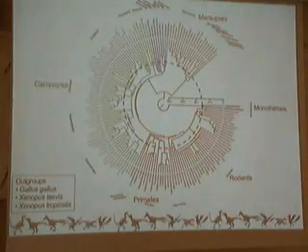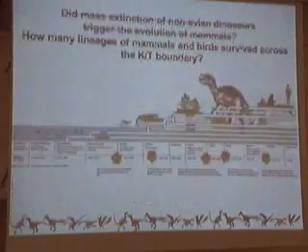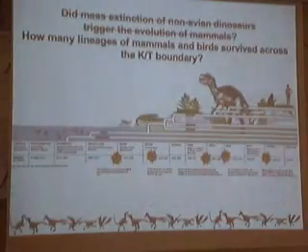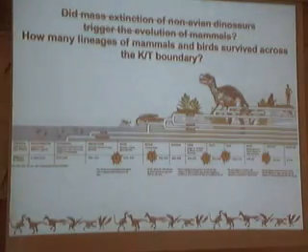You can start asking the following questions, and that's where I actually will end. How many lineages of mammals and birds survived across the KT boundary, rather than did mass extinction of non-avian dinosaurs trigger the evolution of mammals?